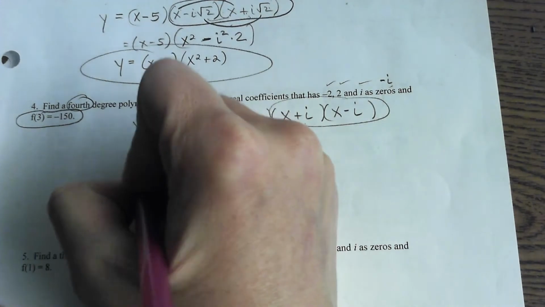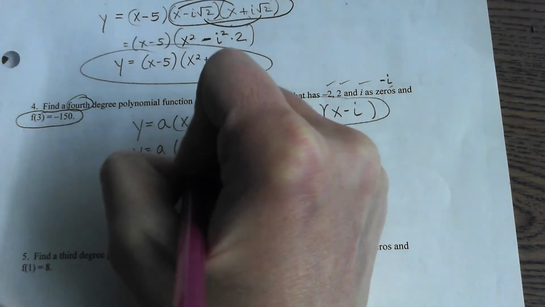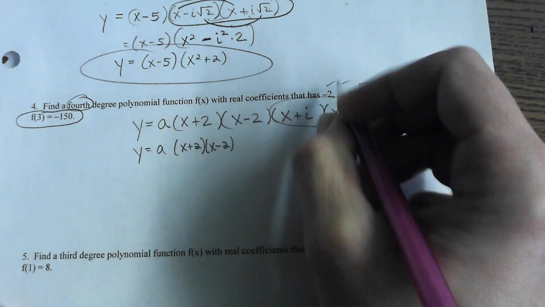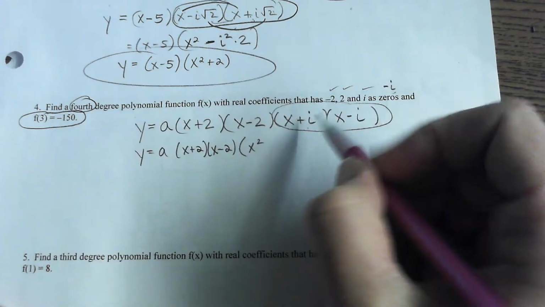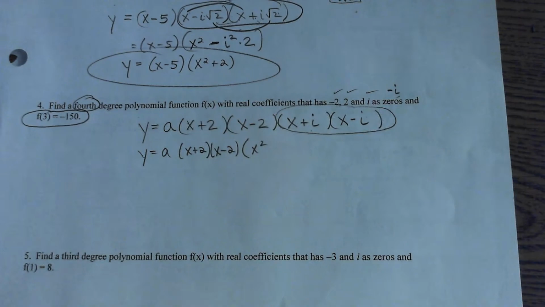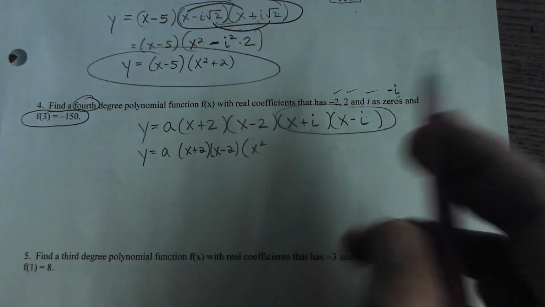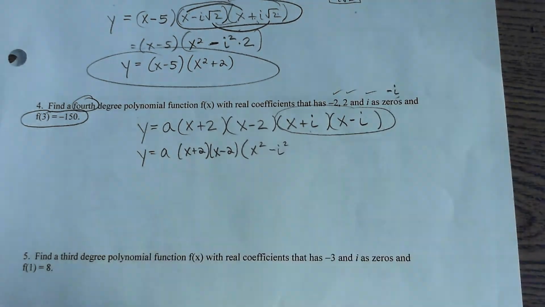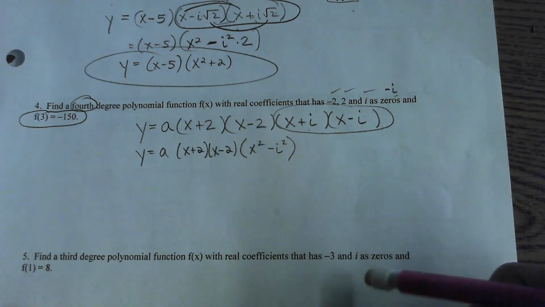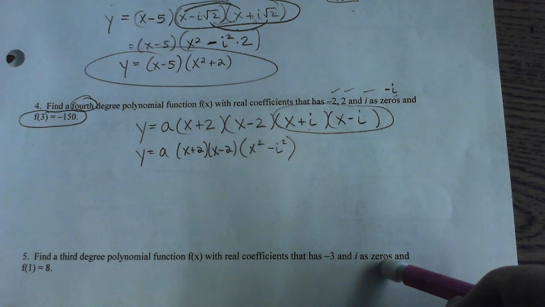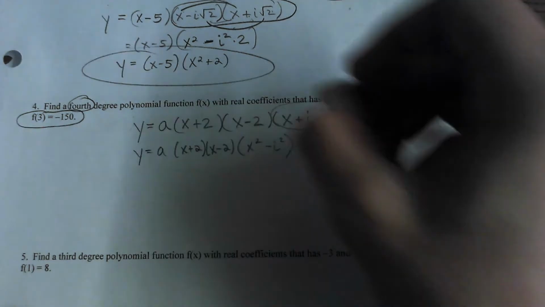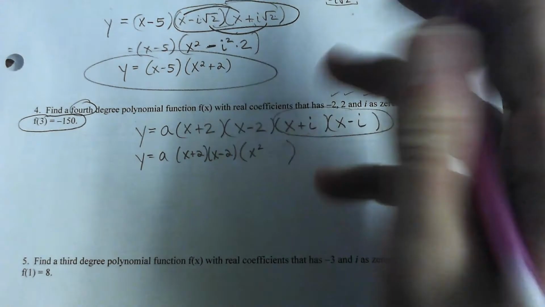So I would multiply that out first. I get x squared, my minus ix and my plus ix cancel. And I get minus i squared, which is the same as minus negative 1, which would turn into plus 1.